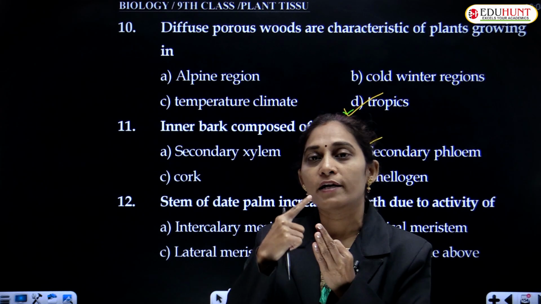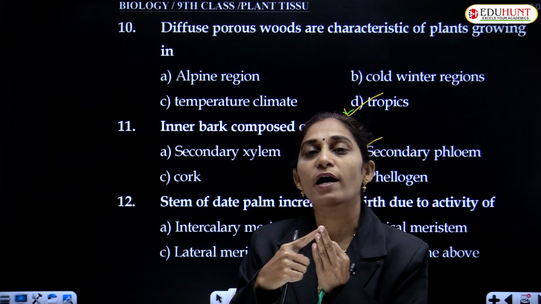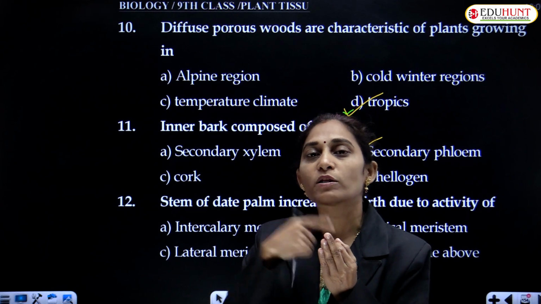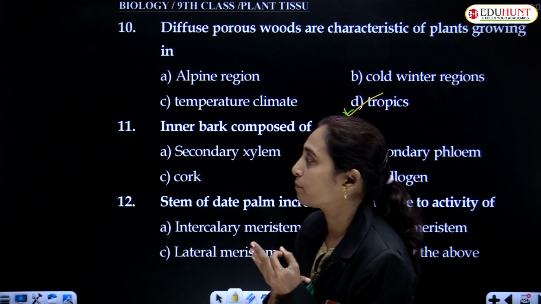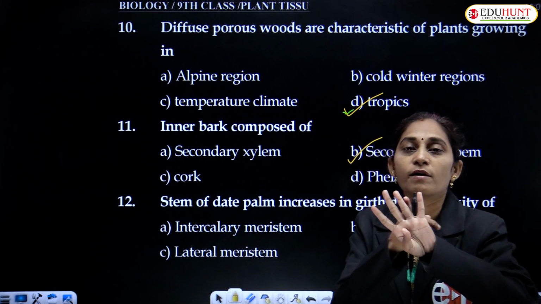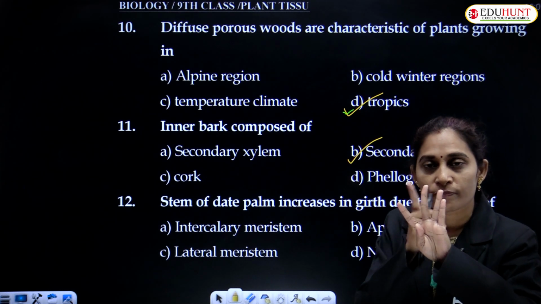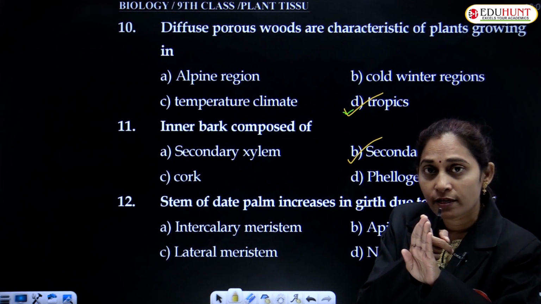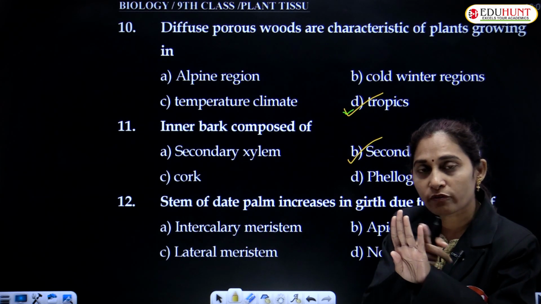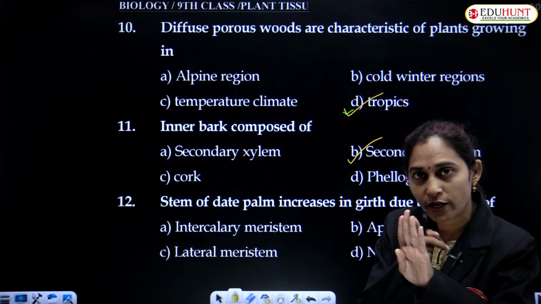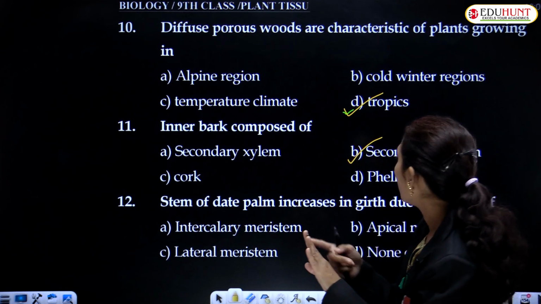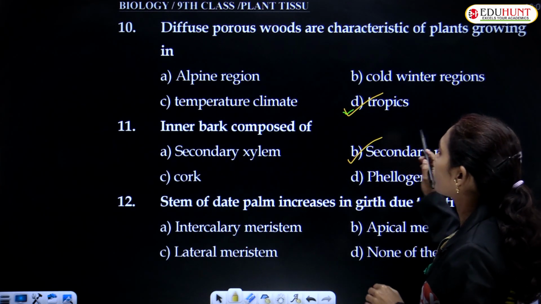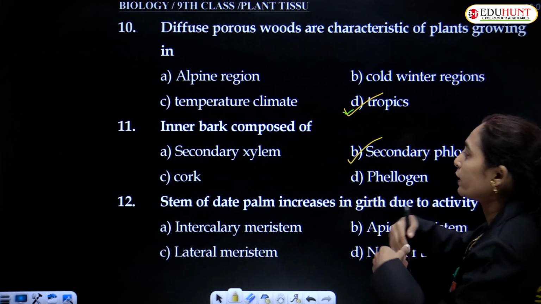Cork, cork cambium and secondary cortex, these 3 together constitute the periderm, and below the periderm there is secondary phloem. All these four layers together constitute the bark. So the inner bark is composed of inner layers, right from out to in.